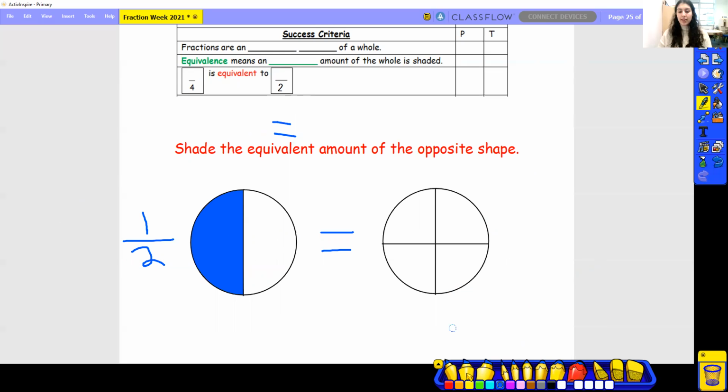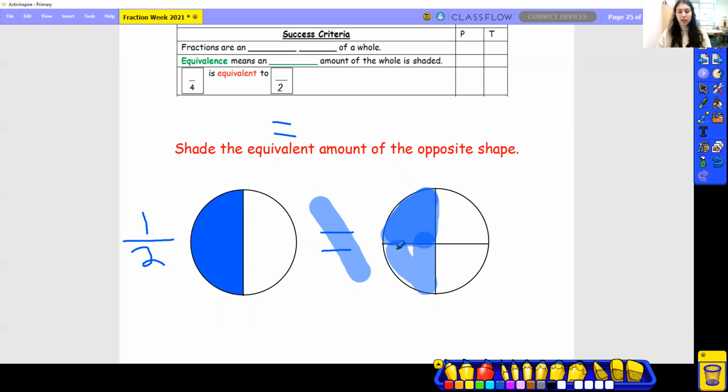And hopefully you can see that here. If I start to shade 1/4. There you go. Is this blue bit here that I've now shaded, is that an equal amount of the whole to this? No, you can see that much more of this is shaded, so that is not equivalent just yet. So that's only 1/4.